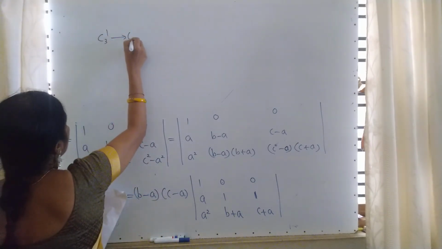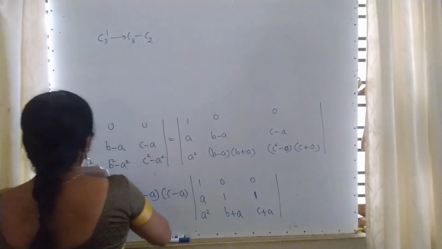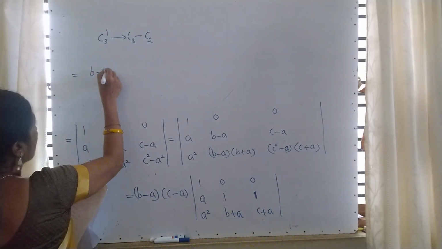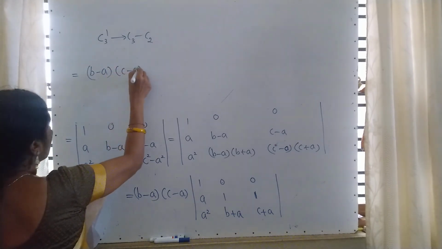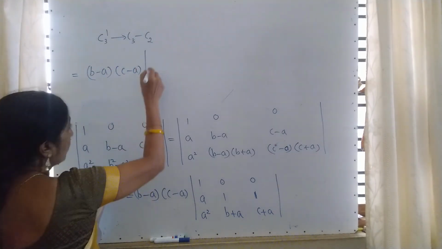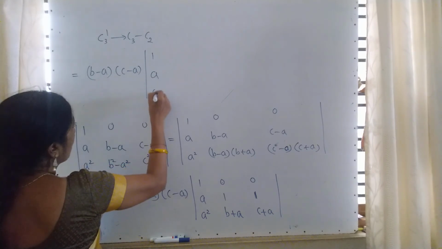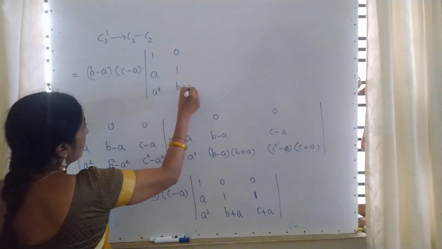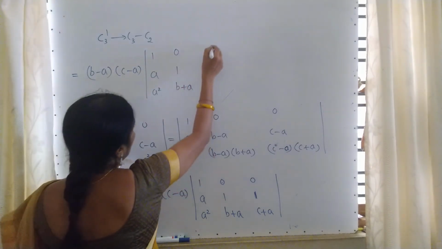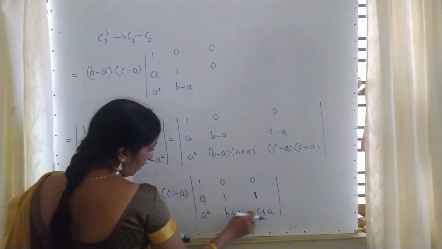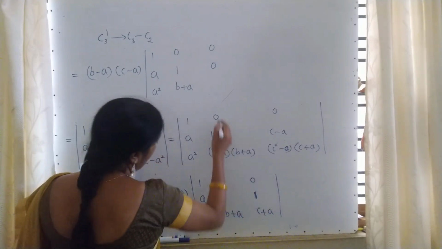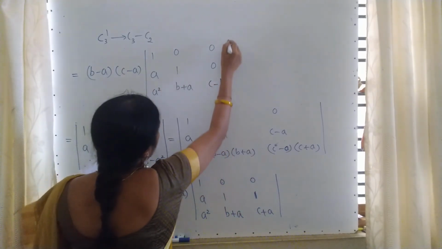C3 dash as C3 minus C2. Outside B minus A, C minus A as it is. First column also as it is. 1, A square, 0, 1, B plus A. C3 minus C2: 0, 0. This minus this: C plus A minus B plus A. A cancels. C minus B.